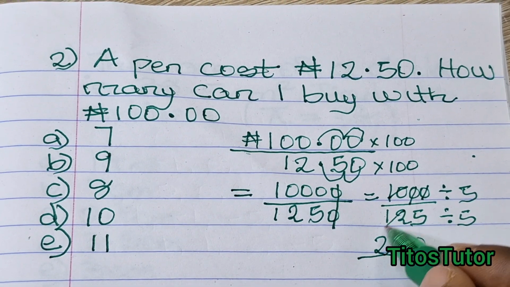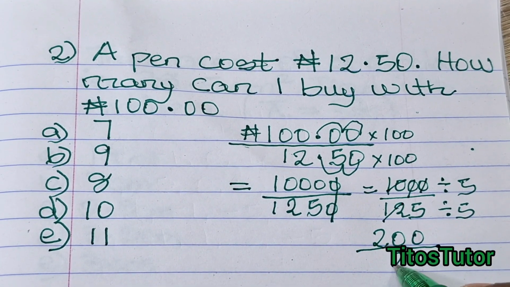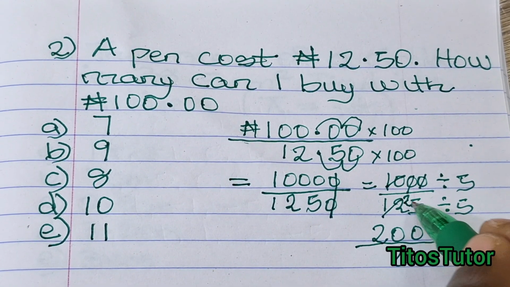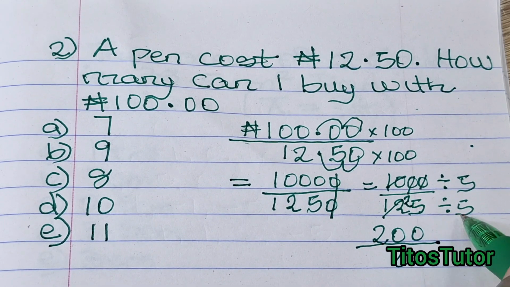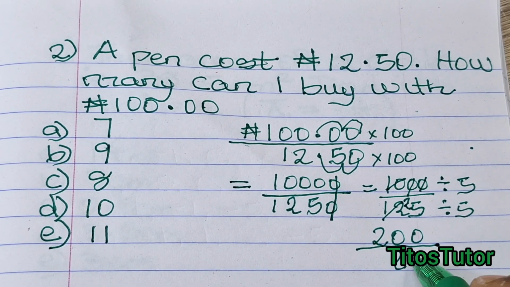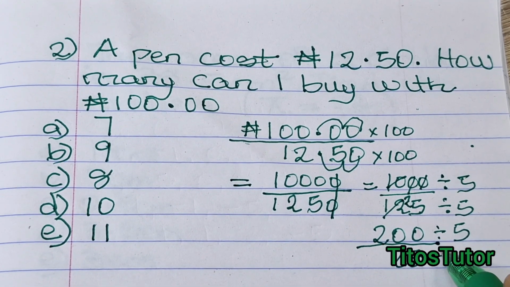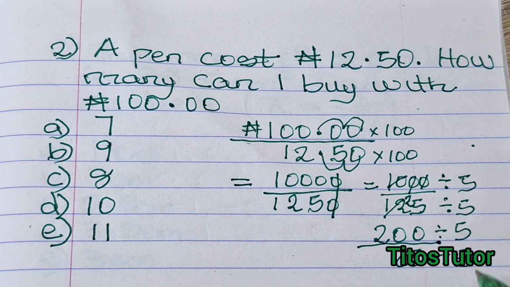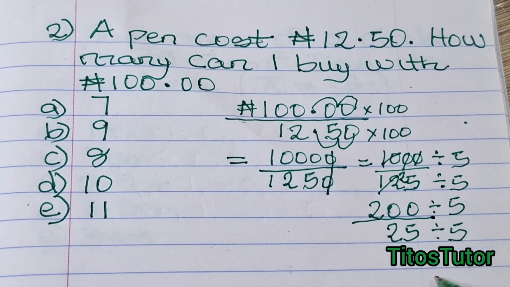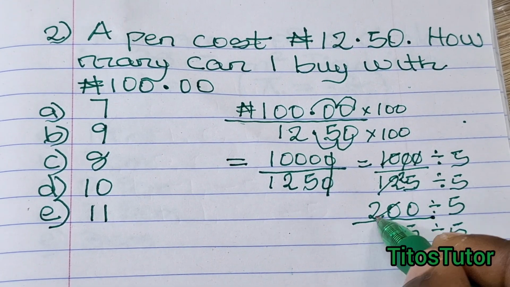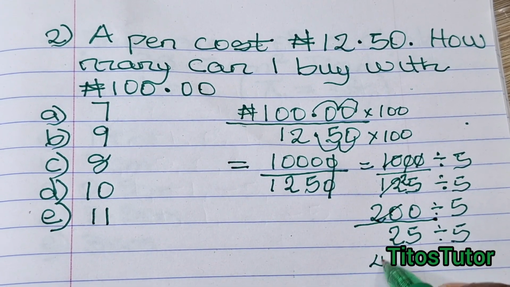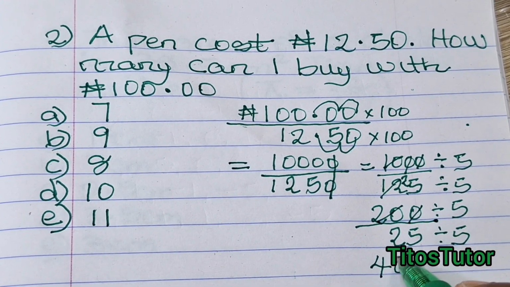Now, how many 5s are in 12? Just 2. Remember 2. That gives me 25 here. How many 5s are in 25? 5. I divide again by 5 because 25 ends with 5. I keep going. 5 in 20 is 4. 5 in 0, 0.